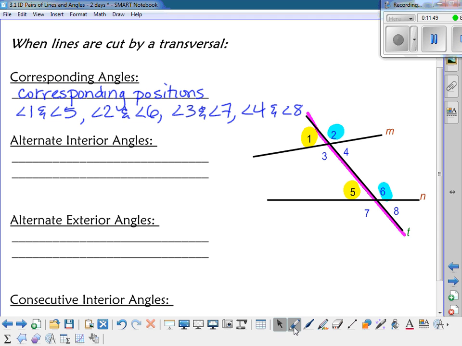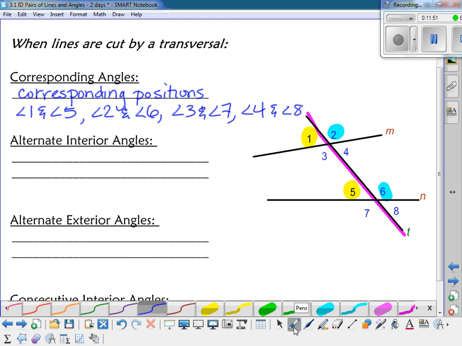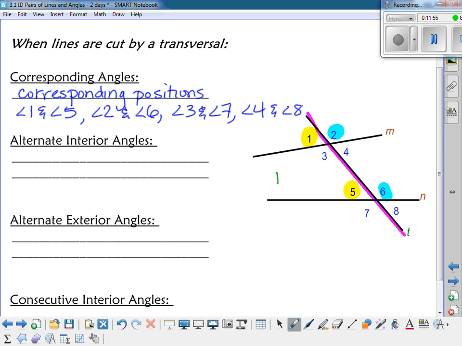Okay, so the space that's between the lines is the interior. And so alternate interior angles are angles that are inside the two lines.